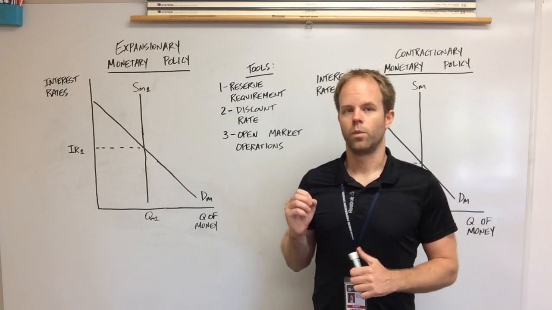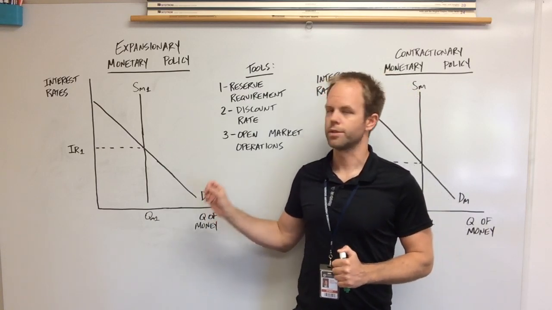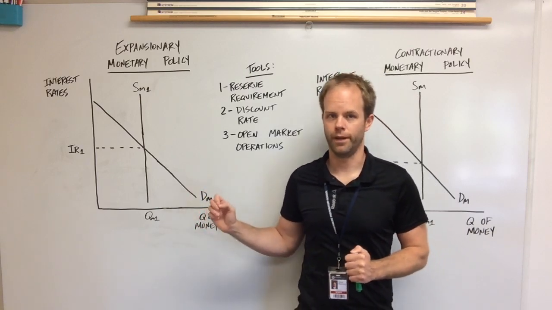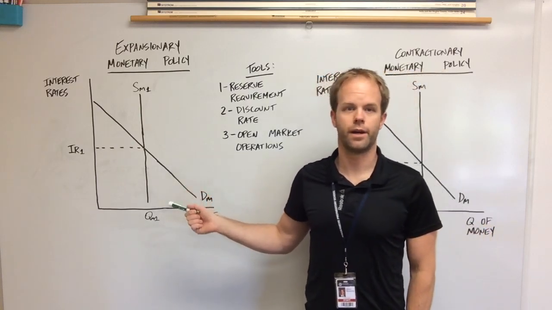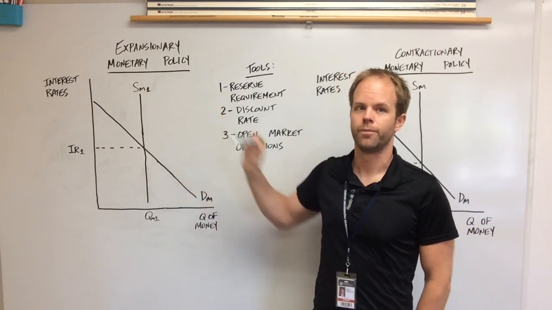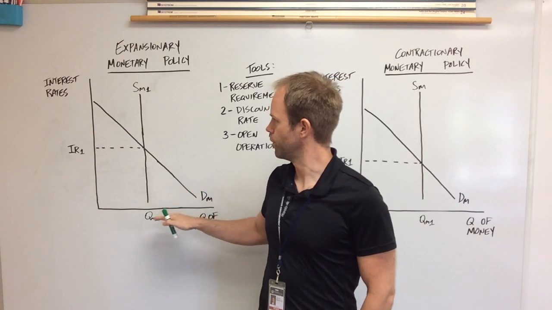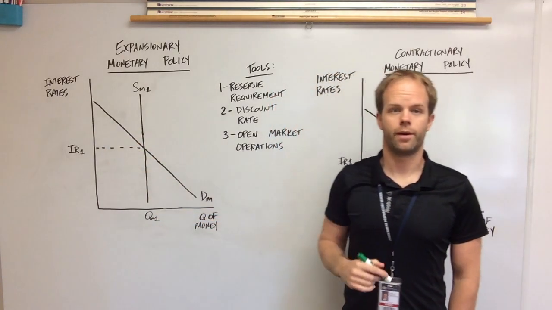And what's important to note is that the central bank only controls the supply for money. Okay, they only control the supply for money. You might notice that our supply curve on this diagram is perfectly inelastic, and then it's straight up and down, and that there really is no relationship between whatever the interest rate is and the amount of money that is out there.